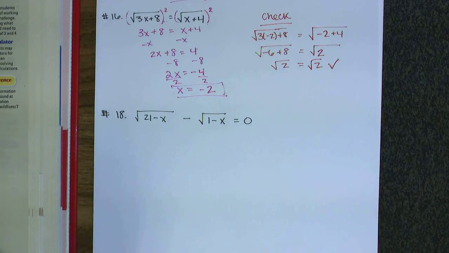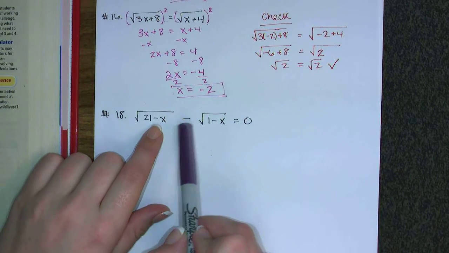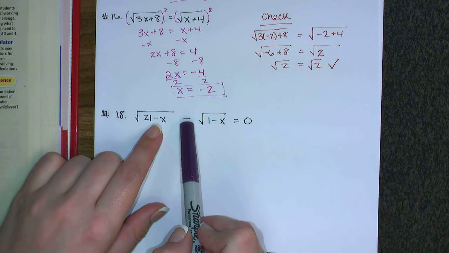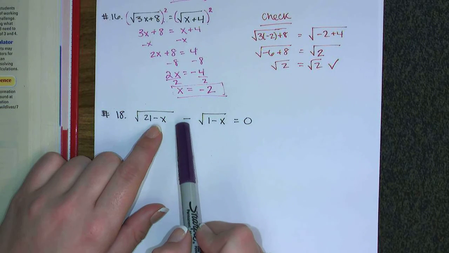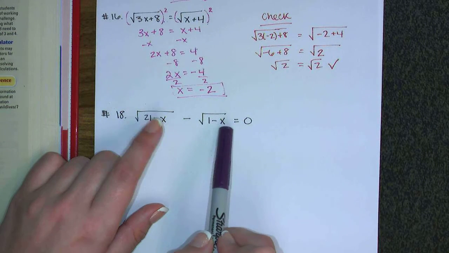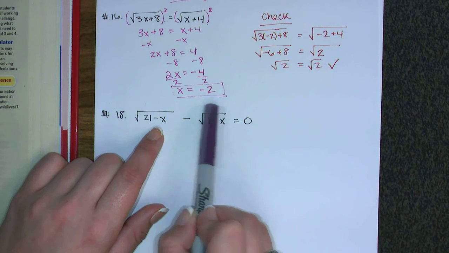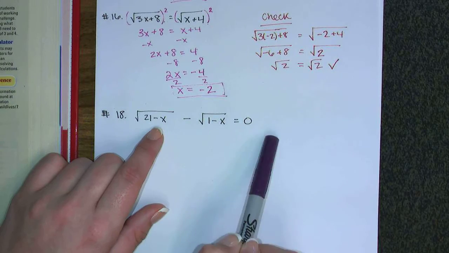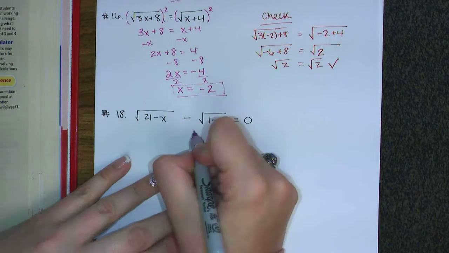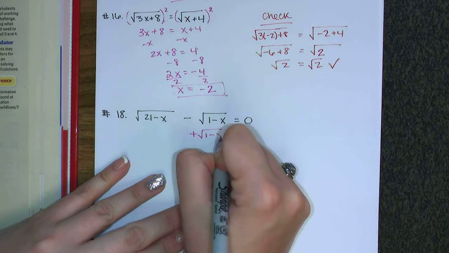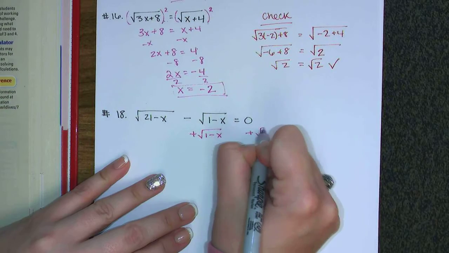By the rules that we talked about yesterday at the very end of 11.2, I can't do anything here with these two radicals. But if I move this whole piece over to this side, I now can. So I'm going to add the square root of 1 minus x to both sides.